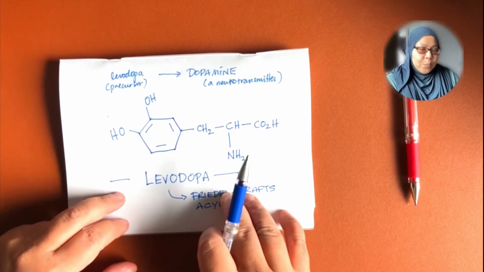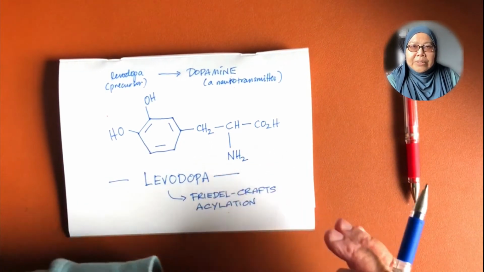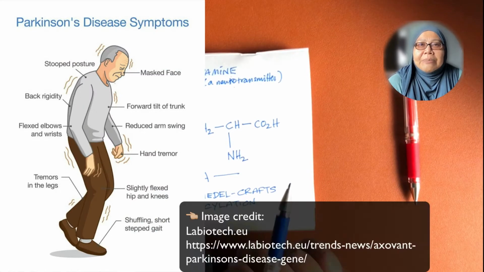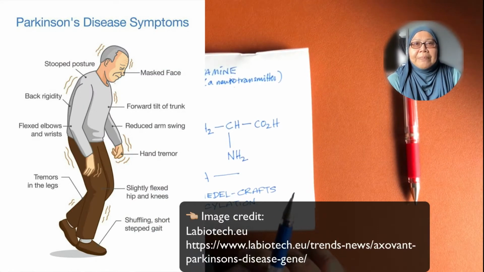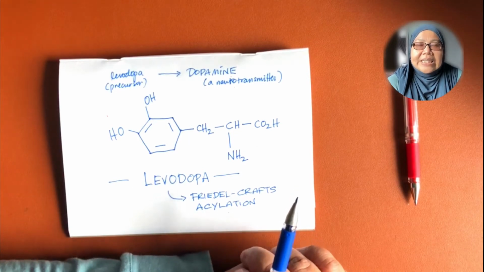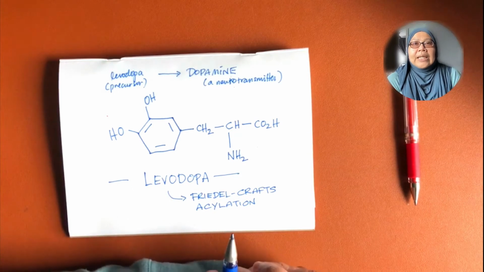So levodopa, where would you find its use in hospitals or in patients? For Parkinsonism patients who suffer from Parkinson's disease. They lack dopamine.